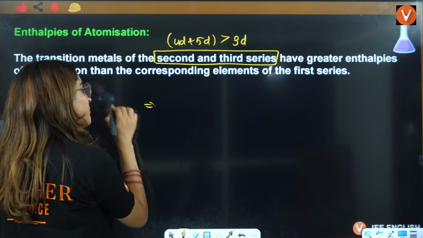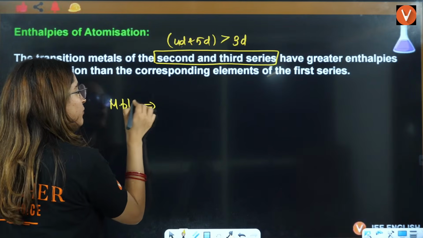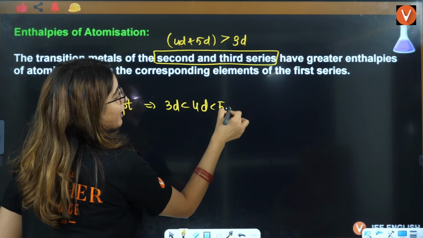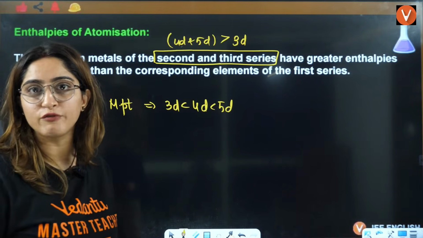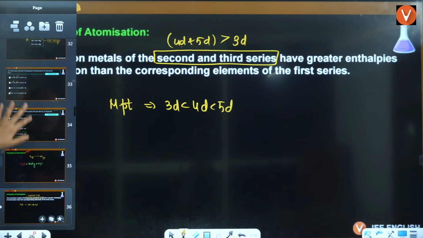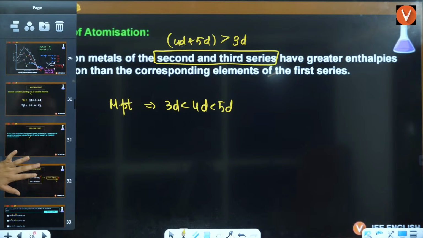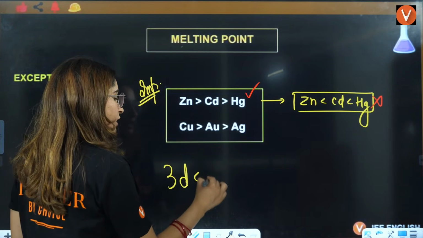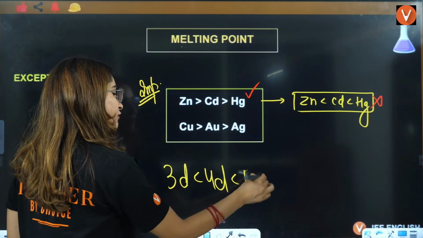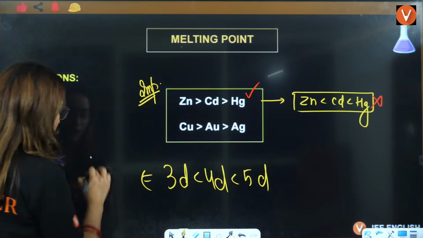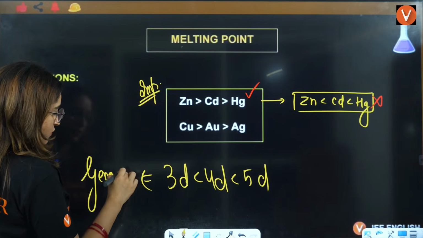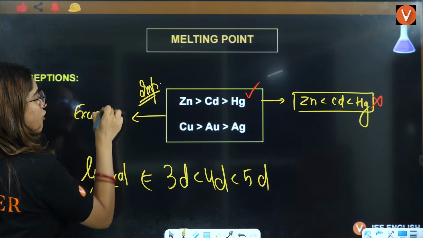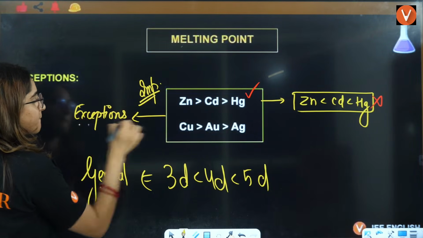We know that for melting point, in general you have 3D, then 4D, then 5D. I am not talking about those two exceptions that we discussed. These are the exceptions for melting point.